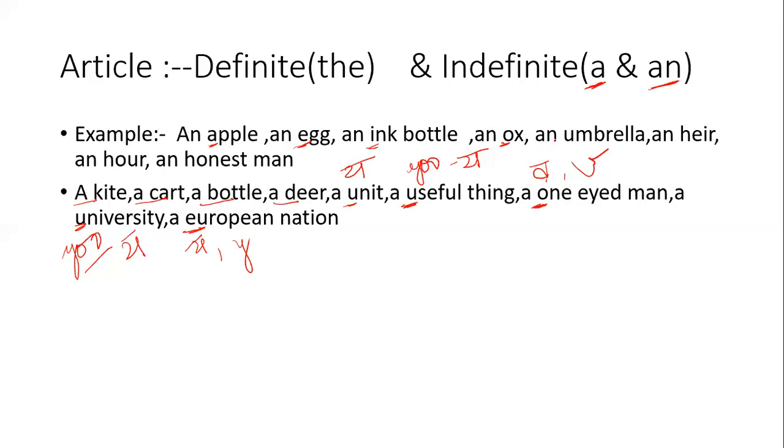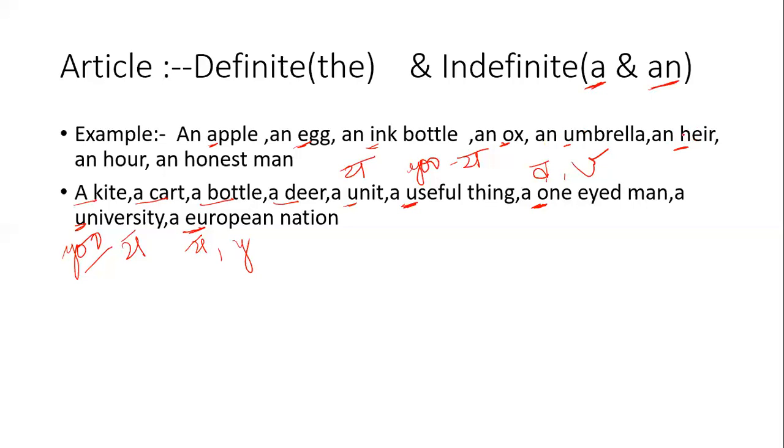Then an umbrella, because U gives you a vowel sound. So an umbrella. Now here, another thing. When the first letter is H and H is silent and the pronunciation is based on the second letter, then an is to be placed before the word.